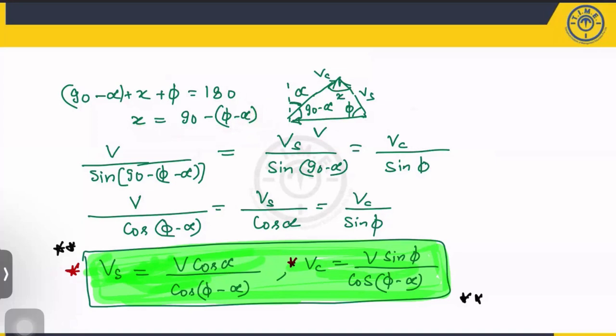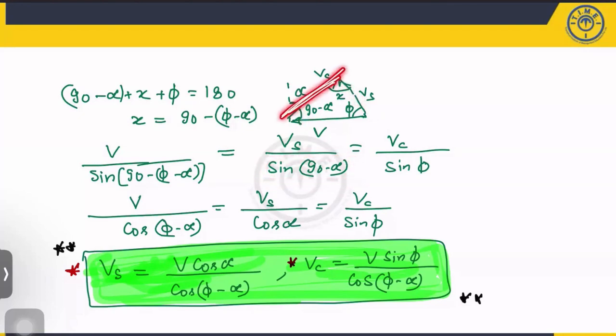Now, by using the property of the triangle, this v can be written as v divided by sine of this angle. This is the sine law only. This vector divided by sine of the angle made by the other two vectors: sine(90 - phi - alpha). Shear velocity divided by sine(90 - alpha), this angle.